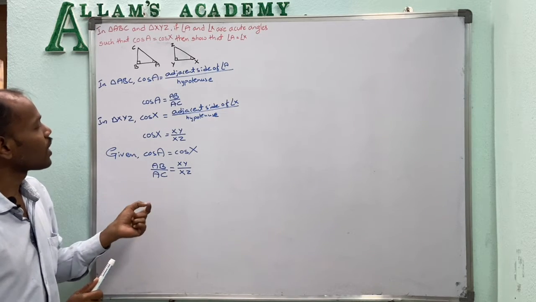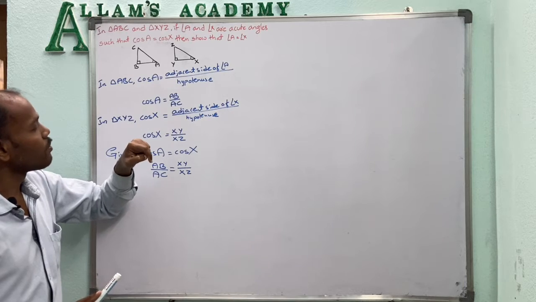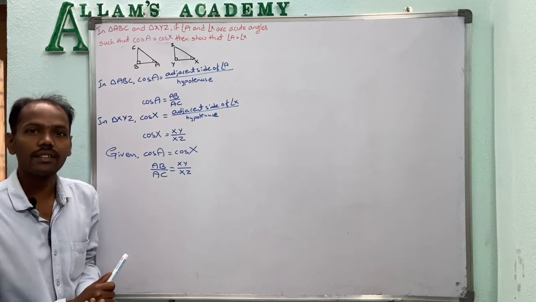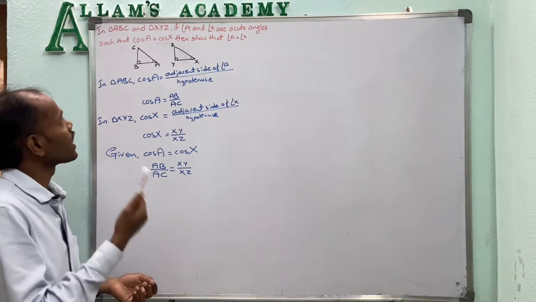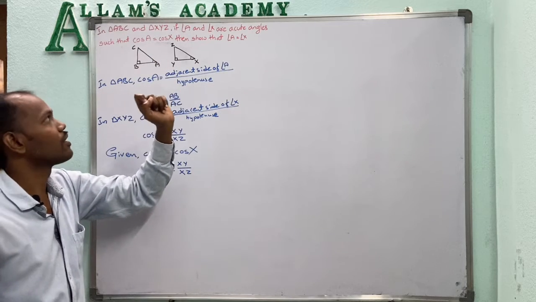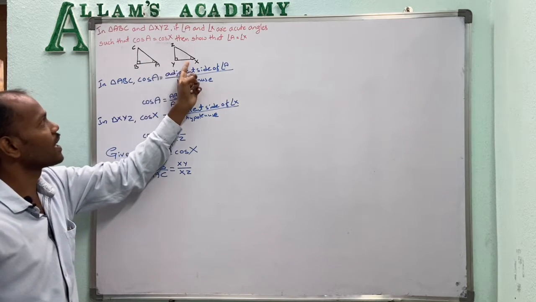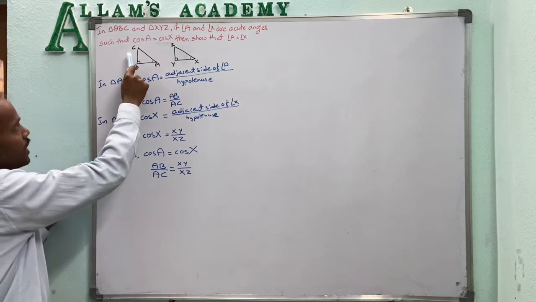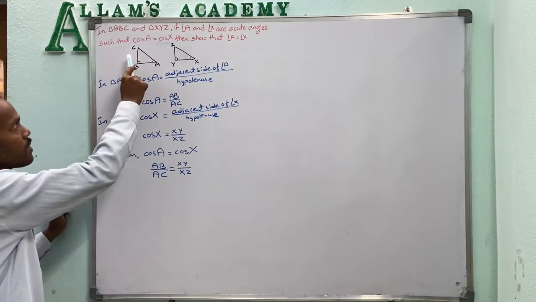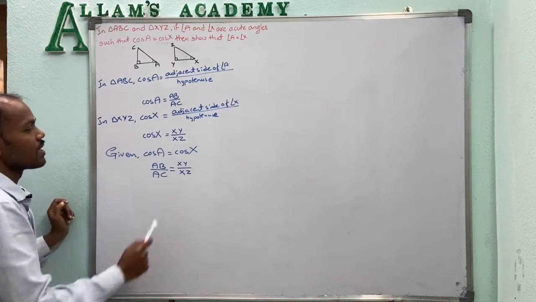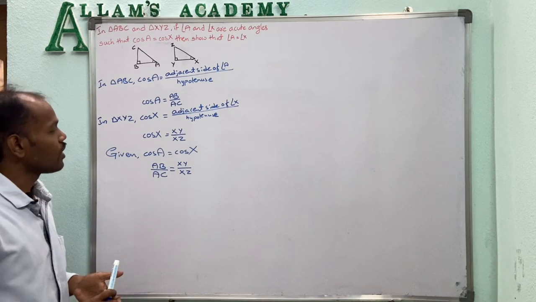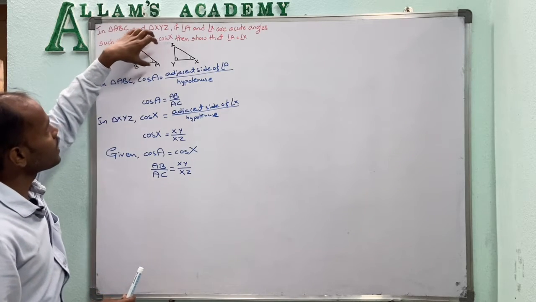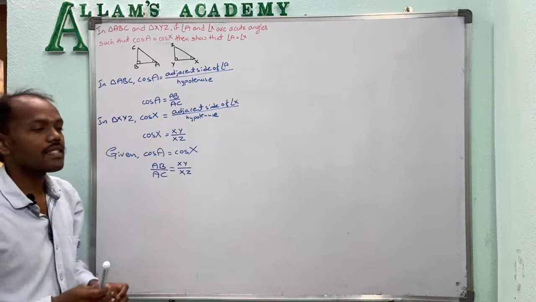Corresponding sides remaining, the third side BC and YZ, if both are equal, then the triangles are similar triangles. So their corresponding angles, angle A and angle X, are also equal. So we have to show BC equal to YZ. That means BC by YZ ratio is equal to this side ratio. Okay, so for showing that, now we have to apply the Pythagoras theorem to ABC and XYZ.